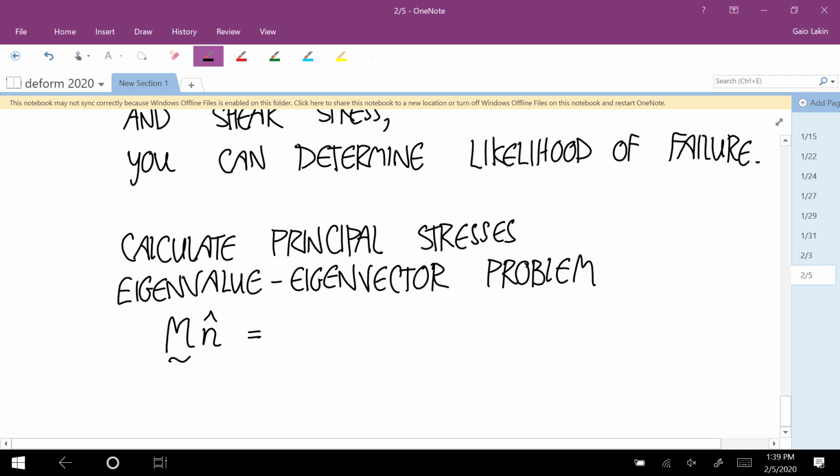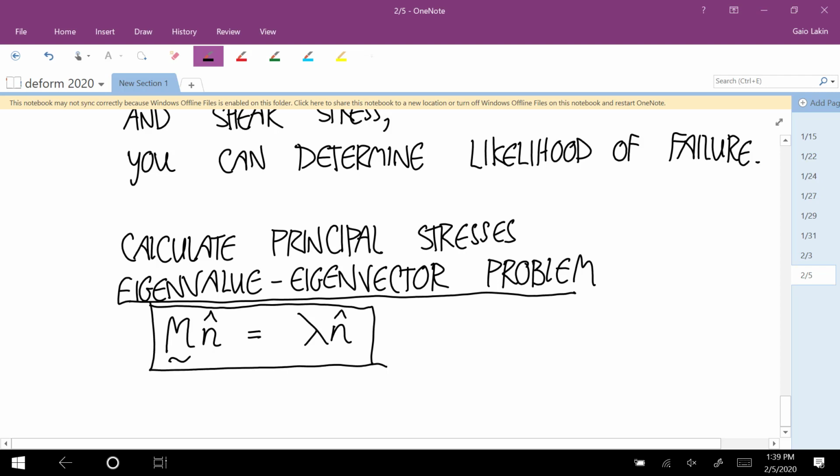Multiplying it by that matrix gives you a vector that is parallel to that original unit vector, and the magnitude is changed by some factor lambda. Okay, so that's the definition of an eigenvalue eigenvector problem. And these are going to come up in all your classes basically starting now.